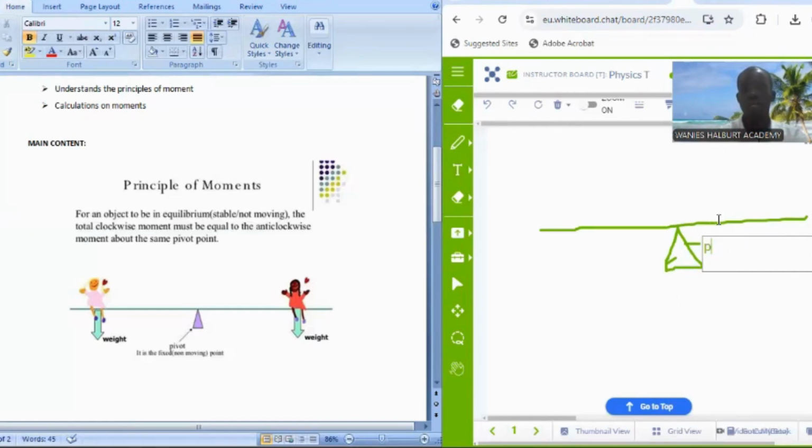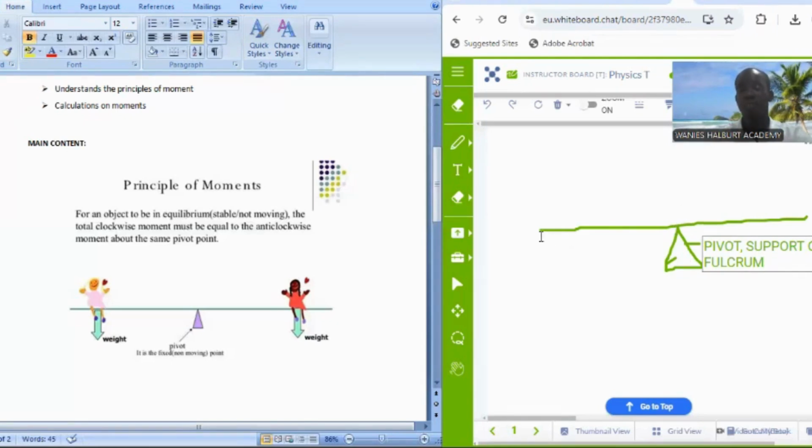You can call it a pivot, you can also call it support, or call it fulcrum.